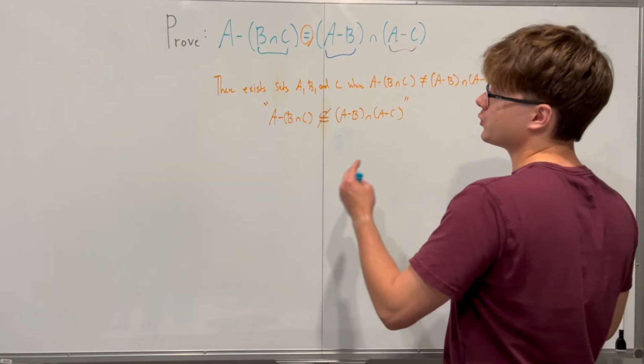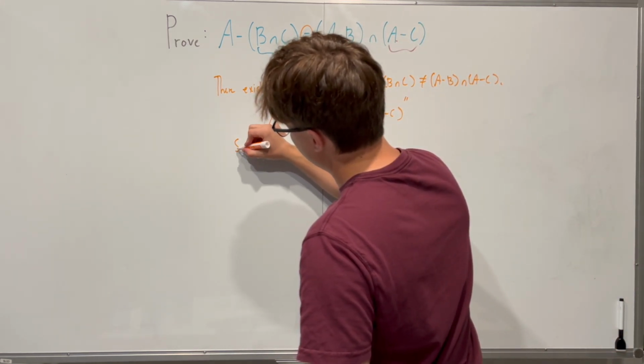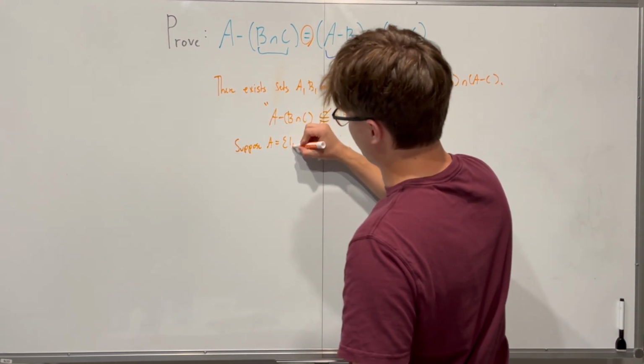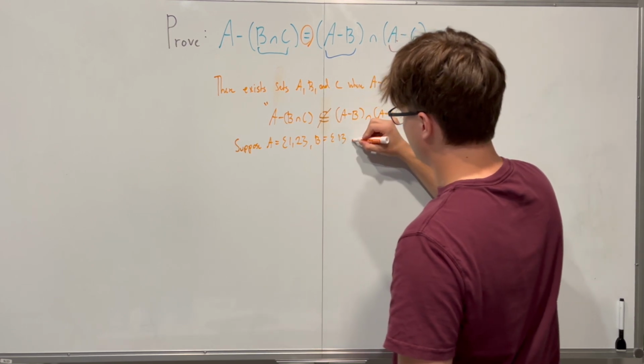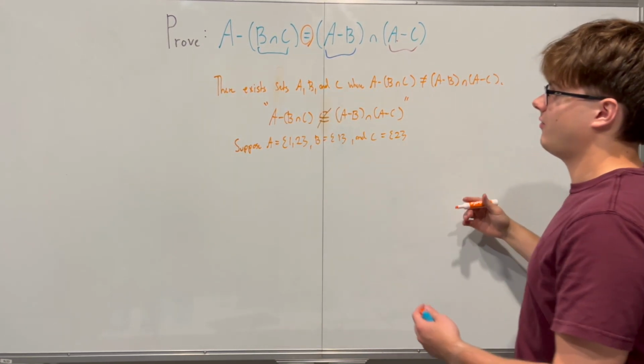Okay, so let's begin by creating our 3 example sets. We will say, suppose A is the set containing 1 and 2, B is the set containing 1, and C is the set containing 2. Fantastic.